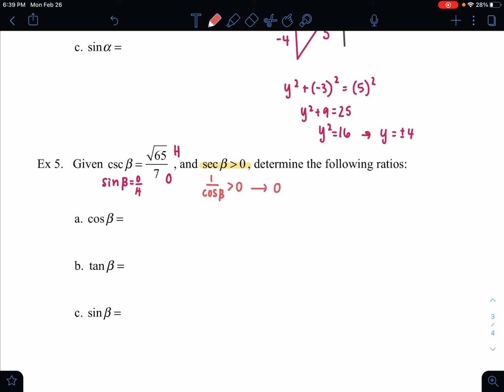So you have positive sine in quadrants 1 and 2. So what's the overlap? Oh, they share quadrant 1. So this figure is going to be in quadrant 1.